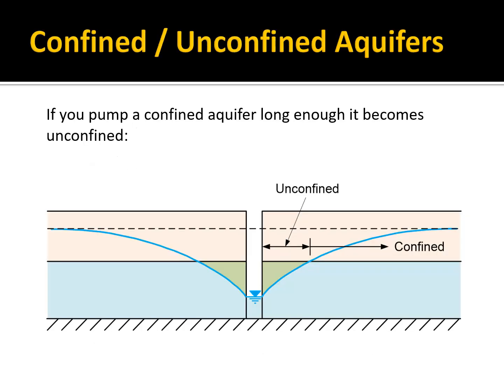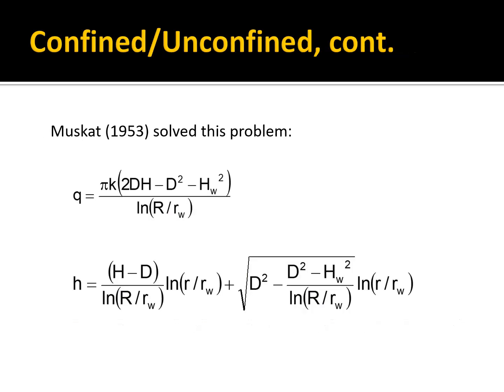And then, what if you have a confined aquifer that starts out confined, but you pump it so much that it becomes unconfined? So now you've got a combination of a confined and an unconfined aquifer. Well, there's an analytical solution to that as well. This is Q, and this is H, and so you can use that as well.